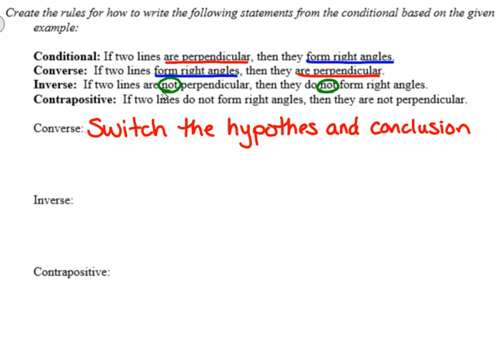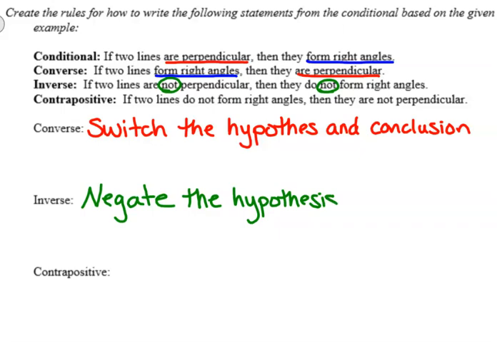So for the inverse, we're going to negate, or you can say make negative or put in nots, the hypothesis and conclusion. But the original sentence order has stayed the same as the conditional. All I've done is put in those nots. If I start with a sentence that has nots, I would basically remove them. So you're kind of making it the opposite.